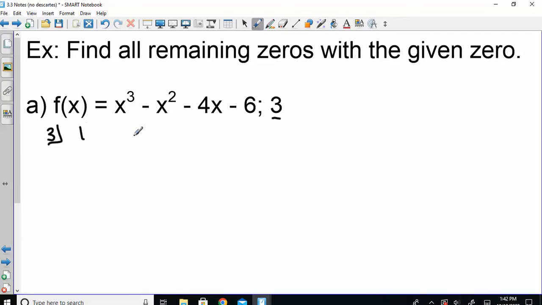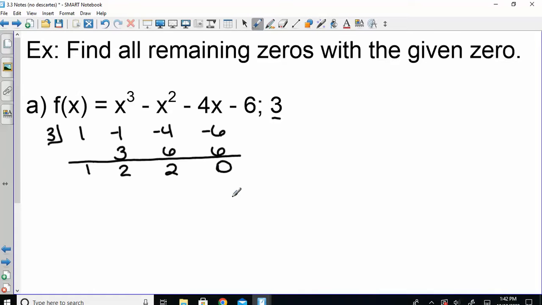Synthetic. And we know it's 0, so we know we should get a remainder of 0, and if we don't, we know we have to go back and check our work.